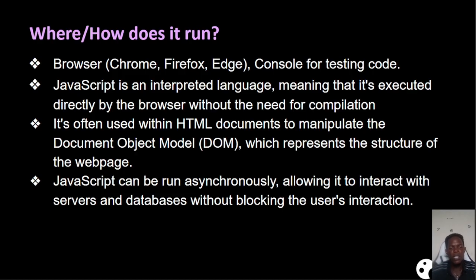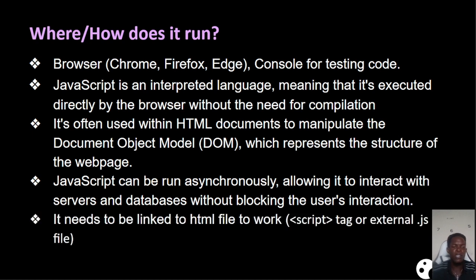So this was what I said earlier on. You can also use it for interacting with servers and databases. So it's an added advantage of you learning JavaScript. With time, in the intermediate to advanced course, you will know more about this. Then it needs to be linked to an HTML file to work.